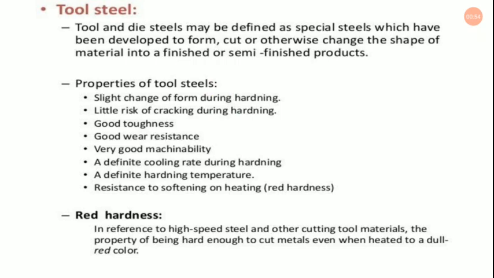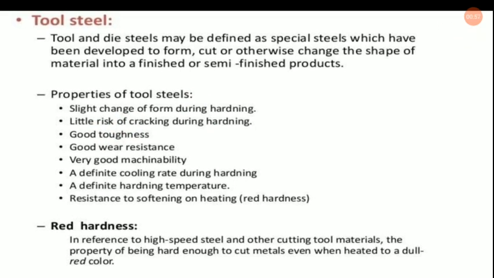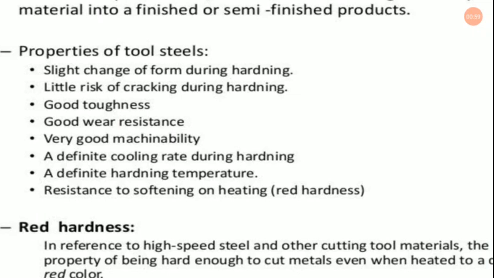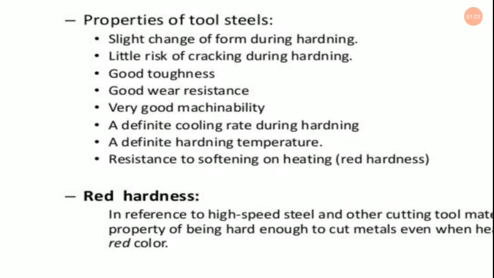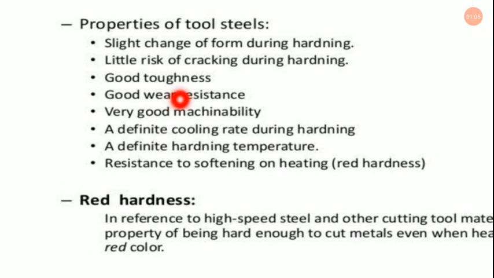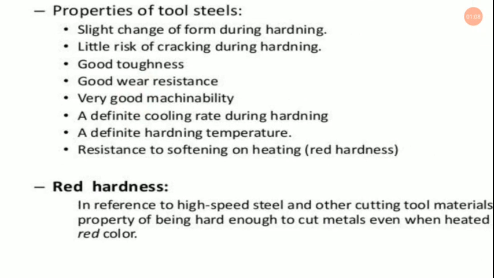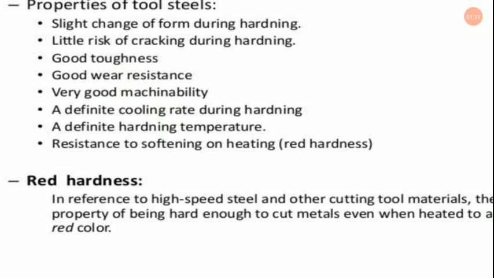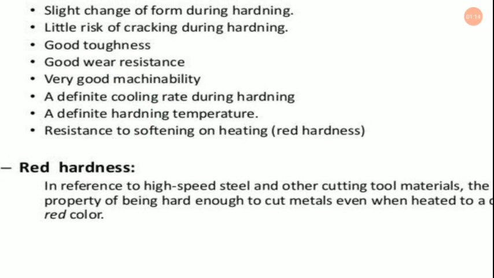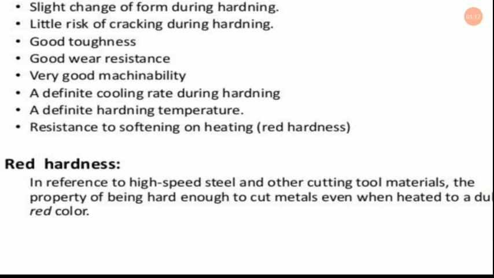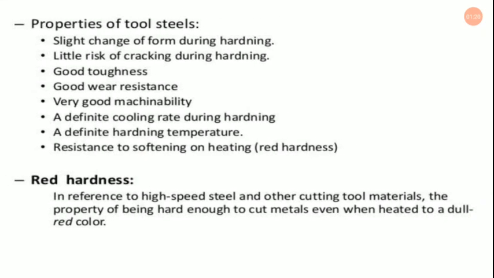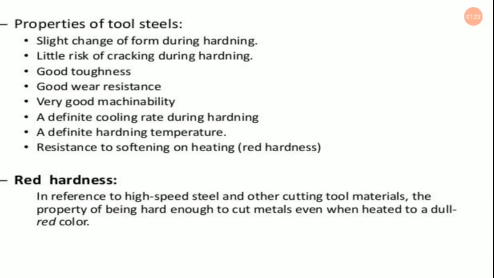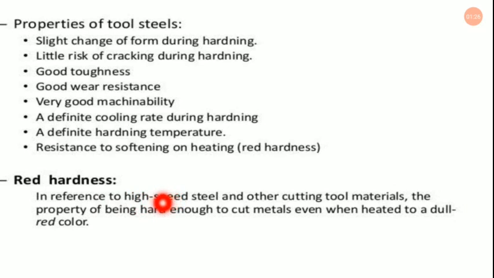Properties of tool steels: slight change of form during hardening, little risk of cracking under hardening, good toughness, good wear resistance, very good machinability, definite cooling rate during hardening, definite hardening temperature, resistance to softening on heating, that is red hardness. Red hardness, in reference to high speed steel and other cutting tool materials, is the property of being hard enough to cut metals even when heated to a dull red color.